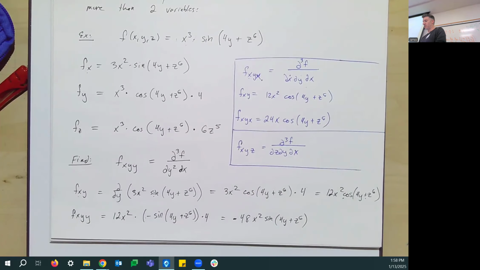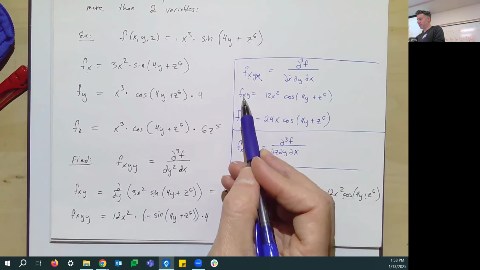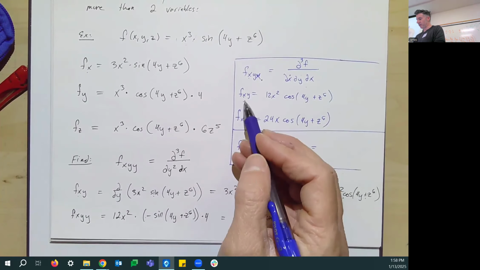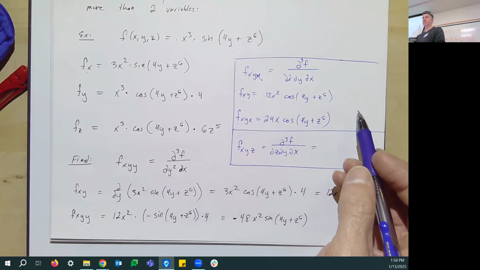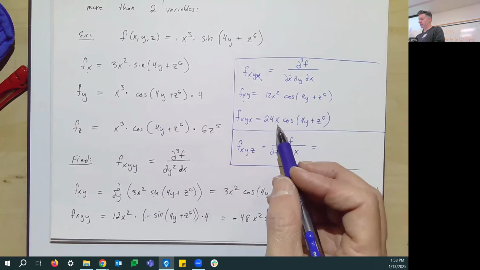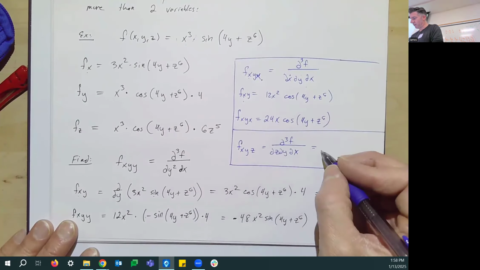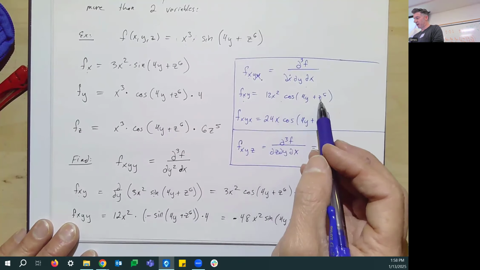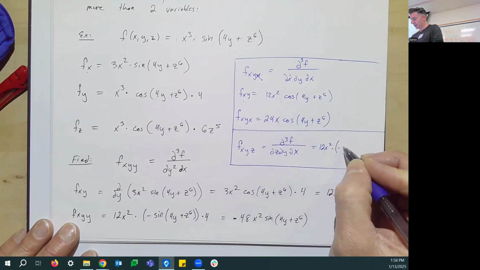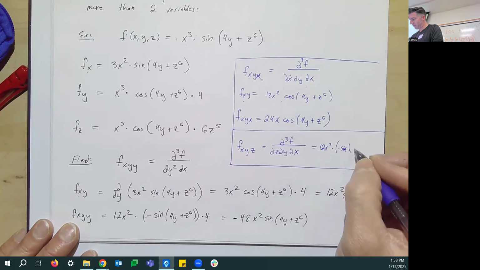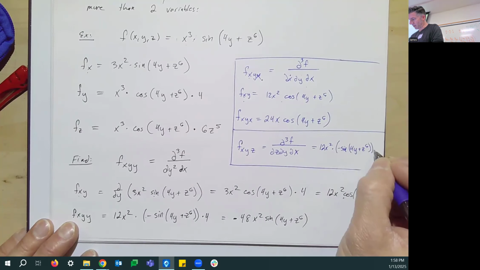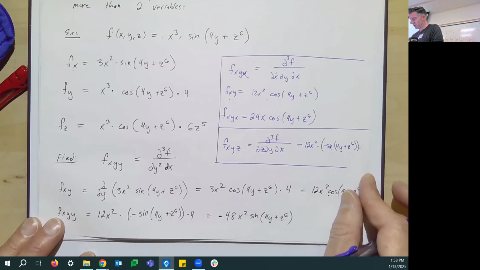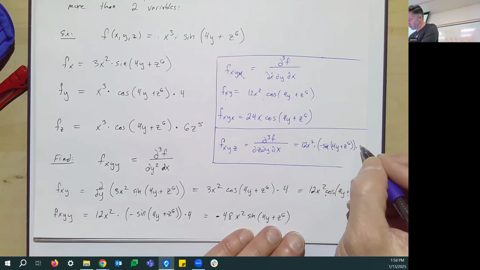But again, I should really just look at f_xy and then take the derivative of that with respect to z, which is going to be a little less nice than this one, but still not that bad. The 12x² hangs out. The derivative of cosine of some stuff is negative sine of that stuff. And then I multiply by the derivative of the inside, which in this case would be 6z to the 5th, which I feel bad about squeezing in here.